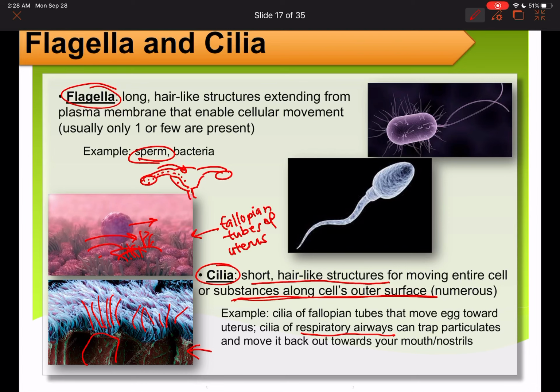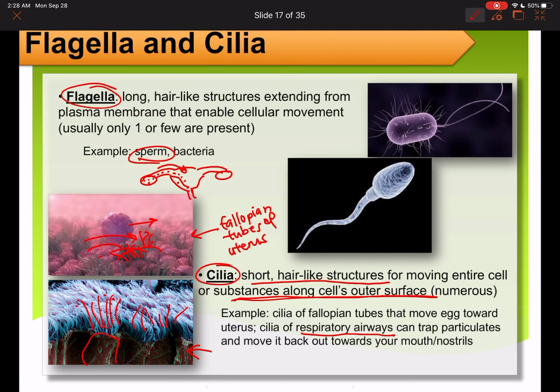Why is it important that our airways have all these little cilia? When we breathe in, lots of stuff can come along with the air, such as dust particles and pollens, whatever we don't want in our lungs. The cilia, along with mucus, trap these particles within the air.